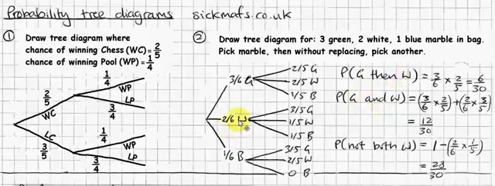So let's look at the probability of getting a green and then a white first of all, which you just worked out is 6 out of 30. And the probability of getting a white then a green is also 6 out of 30 because I have to do 2/6 times 3/5. So overall probability of getting a green and a white is 12 out of 30. That's 6 out of 30, that's 6 out of 30.